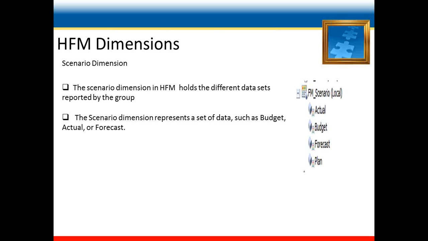For example, the actual scenario can contain data from a journal ledger reflecting past and current business operation. Budget scenario can contain data that reflects the targeted business operation. The forecast scenario typically contains data that corresponds to prediction for upcoming periods.